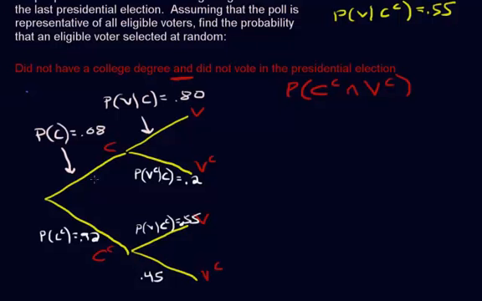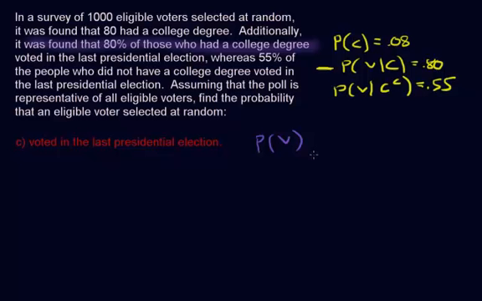Okay, next question. This one is a little different. Voted in the last presidential election. So all I'm looking for is the probability that you voted. That's it. Now, without the tree diagram, this actually would be fairly difficult to do. So let me pull up that tree diagram again.